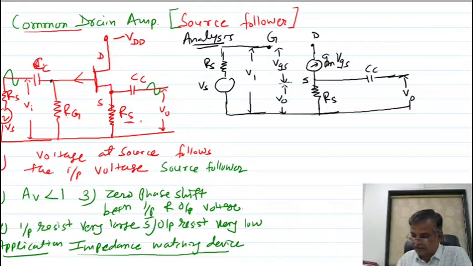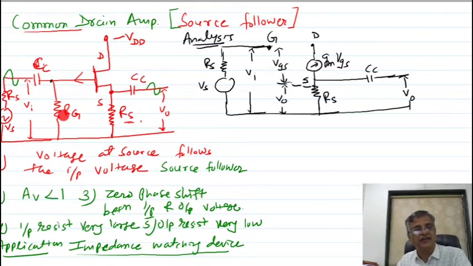Look here, gate and source. So VGS I am showing you here. This is the output voltage. Carefully look here. This Vs I am showing here, this RS I am showing here, this input I am showing here. I am not showing this because it does not affect your signal. These are also not shown because we have taken them as very large.